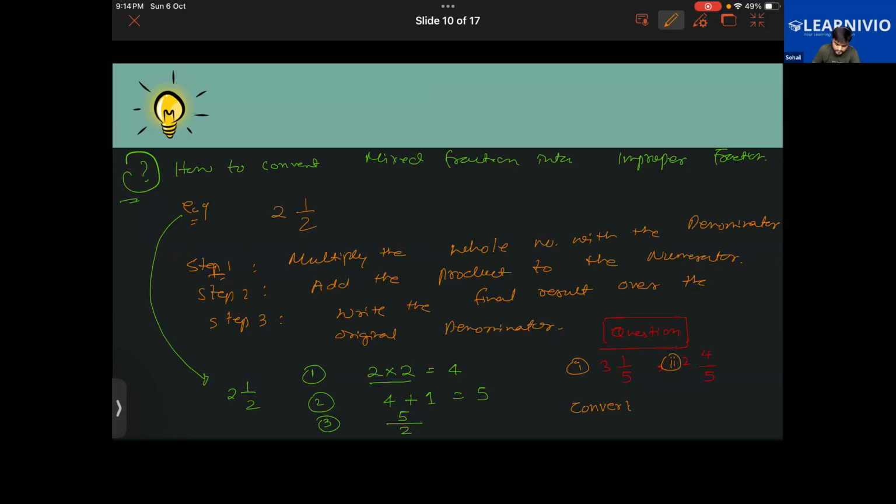14/5. In the first step, you have to multiply, right? Yeah, you have to multiply the whole number with the denominator.